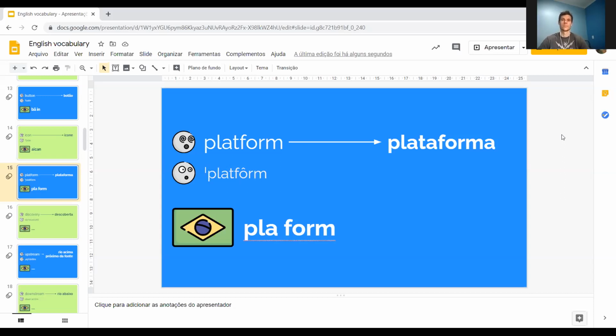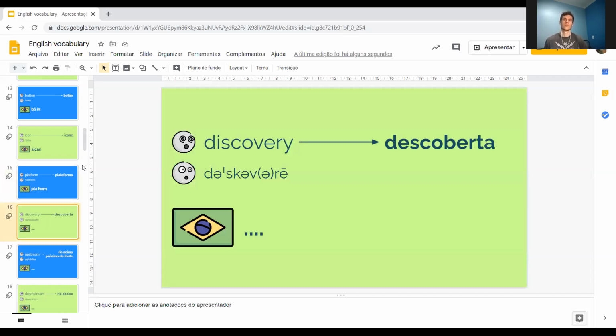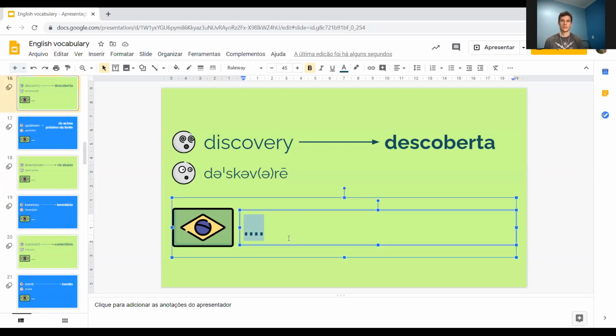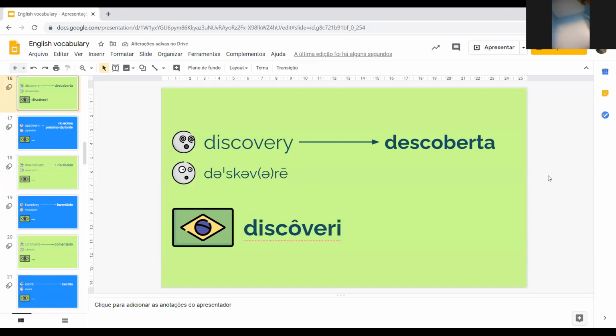Right. Okay. So next one is, I would say, discovery. Good. So in a sentence, I would say to discovery a real problem, we must do some research. Okay, discovery is a noun.